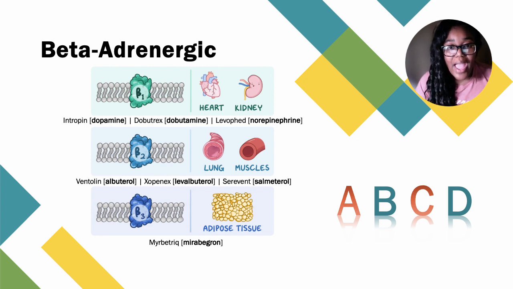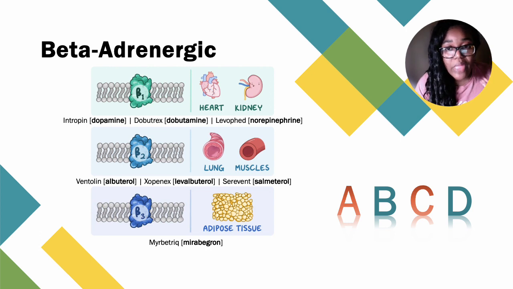And then you have increased conduction, or dromotropic effects. This is the conduction or the electricity that flows through the AV node. Now, we're not necessarily going to go through the different parts of the heart, but just know that there is an electrical conduction system.